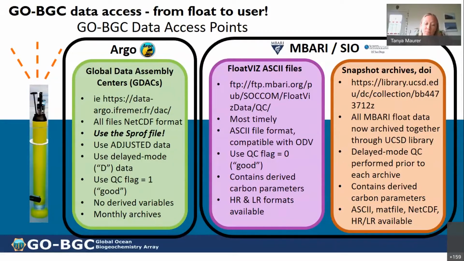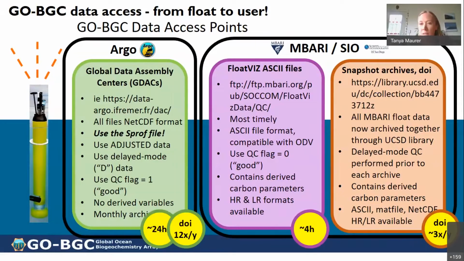That includes differences in timeliness of the different products, but the big difference is that the Argo data system supports a standardized file structure across all data assembly centers internationally. So if you're interested in performing global analyses using all the data from all BGC Argo floats, that's going to be your best source.